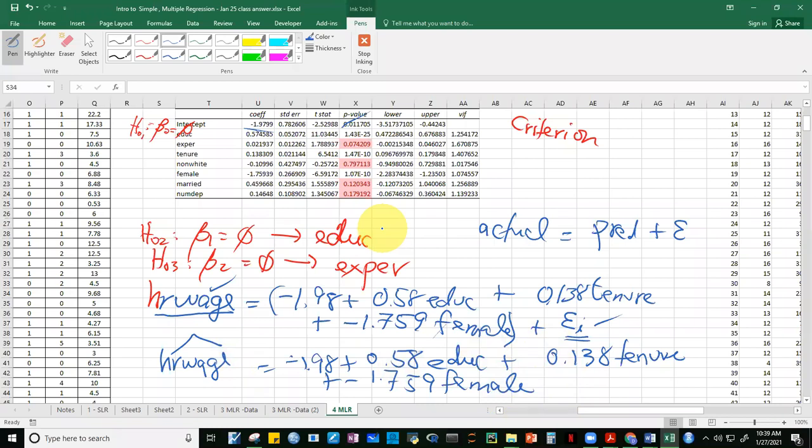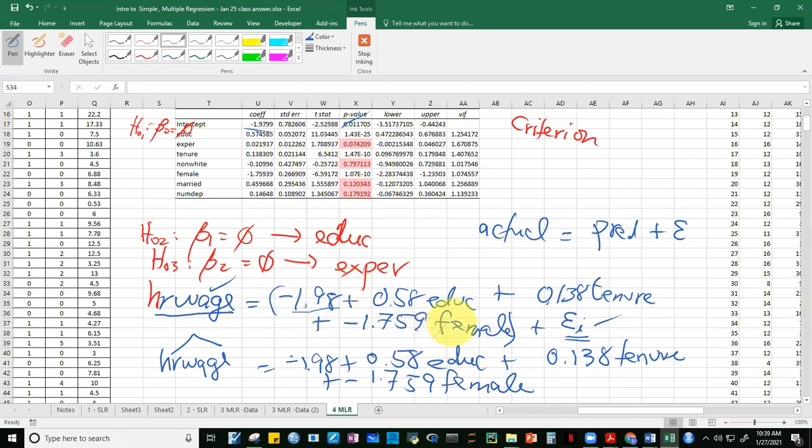Okay. So, interpret this guys, ano ibig sabihin nito? So negative 1.98, sabi natin, that's the value of the hourly wage when all the parameters are all equal to 0. So walang education, walang tenure, walang female, ibig sabihin male yan, kasi 0 si female. Okay, so that's the meaning of negative 1.98.